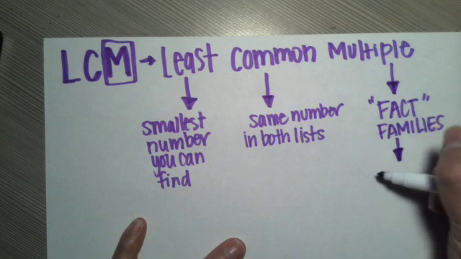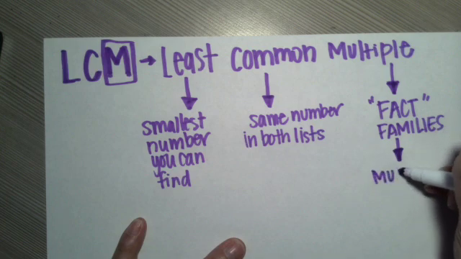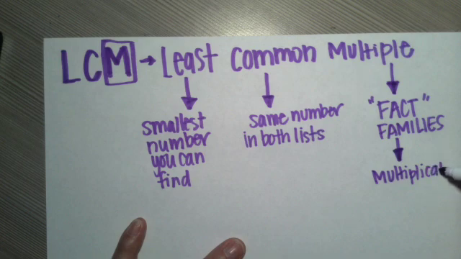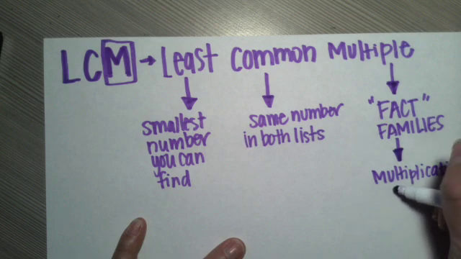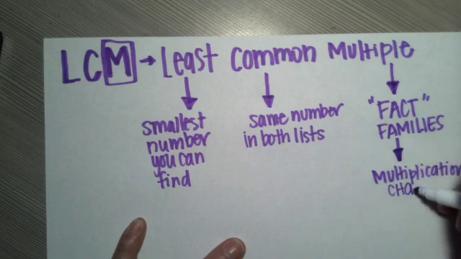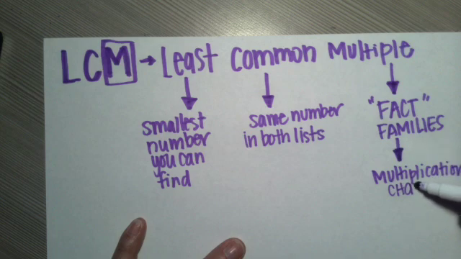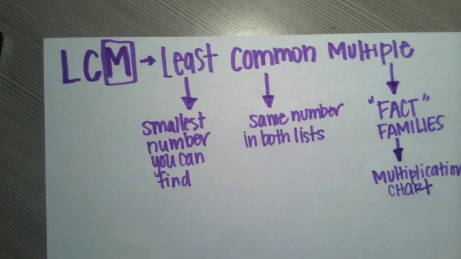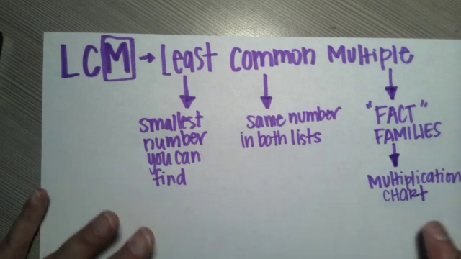And then also think about your multiplication charts. If you've ever used one, it's stuff that you would see on a multiplication chart. All of the numbers, like 4 times 1, 4 times 2, the answers to all of those within the fact family, that is the common multiple stuff that we're looking for. So your multiplication chart idea is going to also help you.